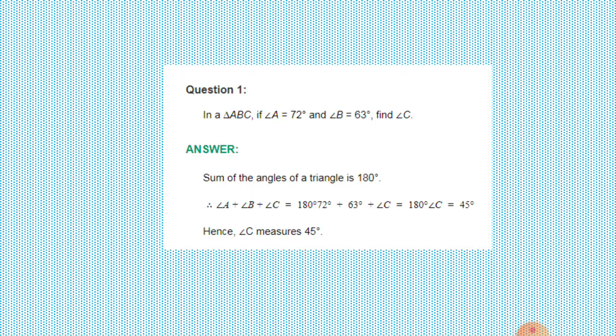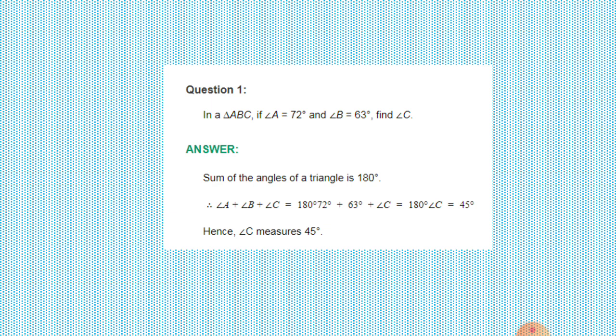In a triangle ABC, if angle A is equal to 70 degrees and angle B is equal to 63 degrees, find the angle C. So two angles are given, find the one angle. The sum of the angles of a triangle is 180 degrees.